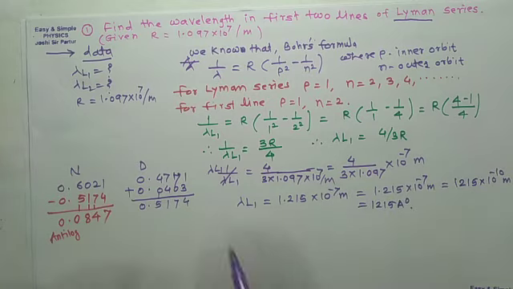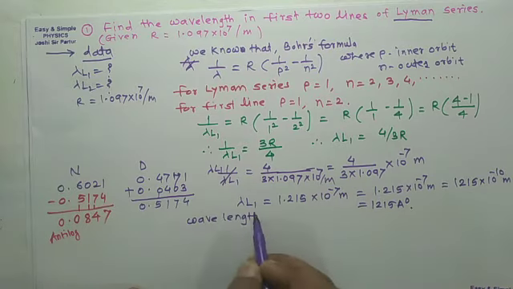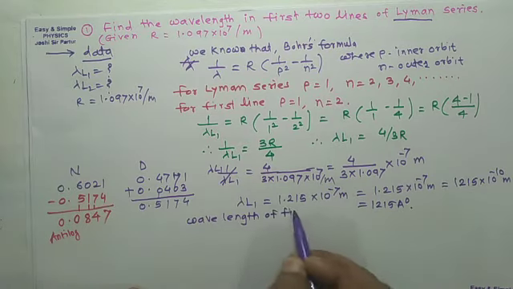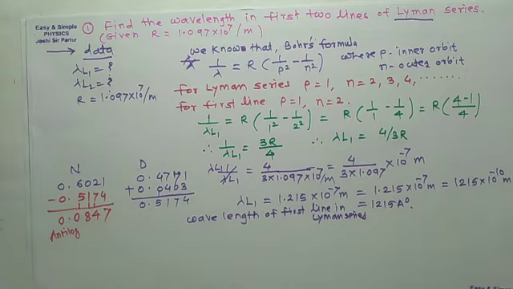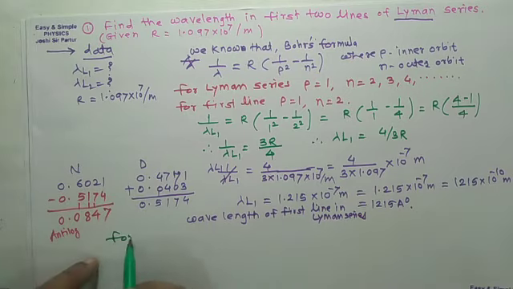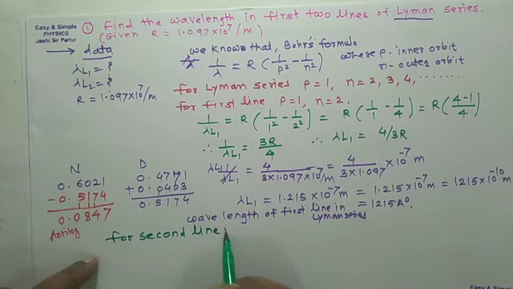That is the wavelength of the first line in the Lyman series. Now we find the wavelength of the second line in the Lyman series. For the second line in the Lyman series, what happens?